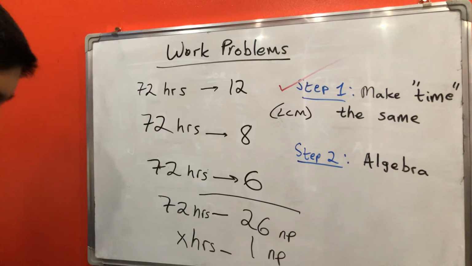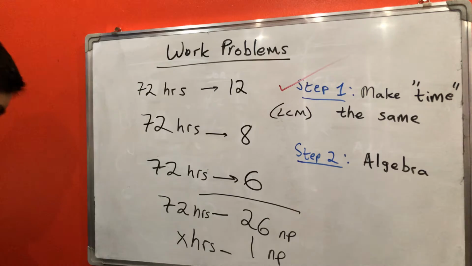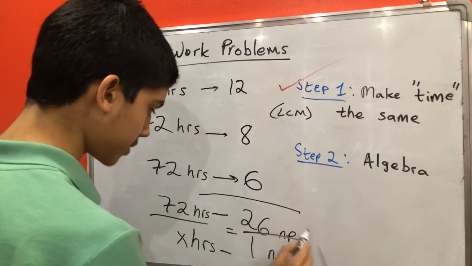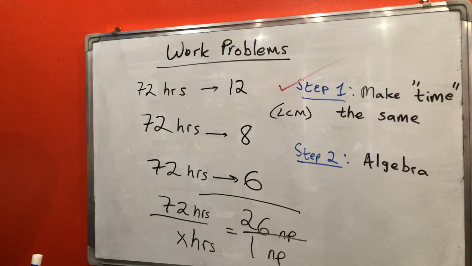Then we can cross multiply. In other words, we have fractions equal to each other, 26 newspapers over 72 hours equals 1 newspaper over x hours. This is how it would look. From here, we just solve this fraction.